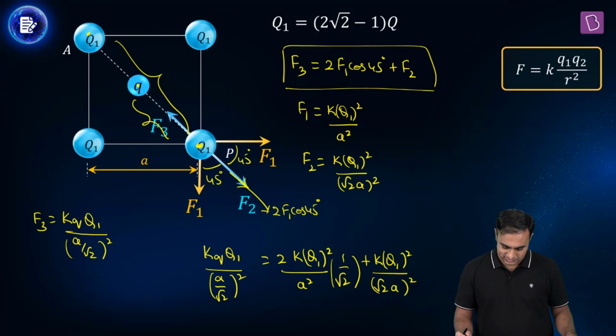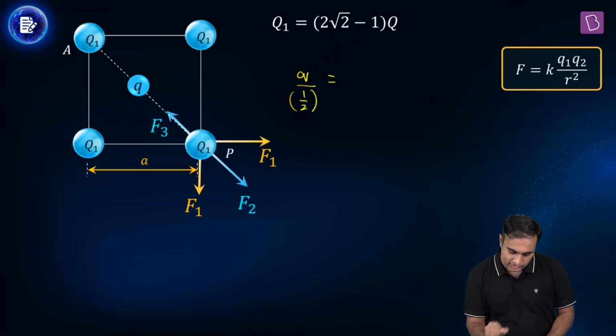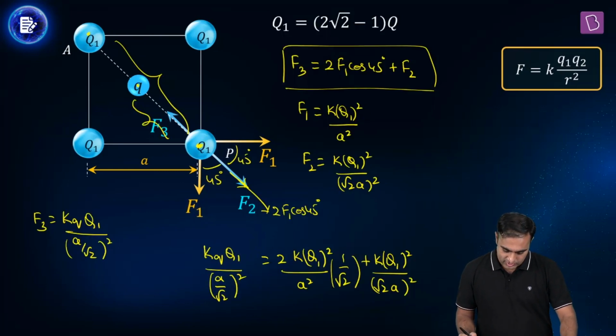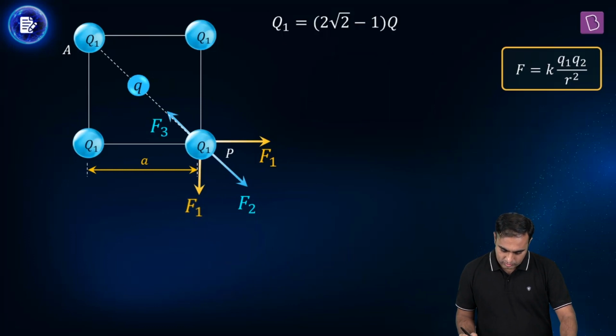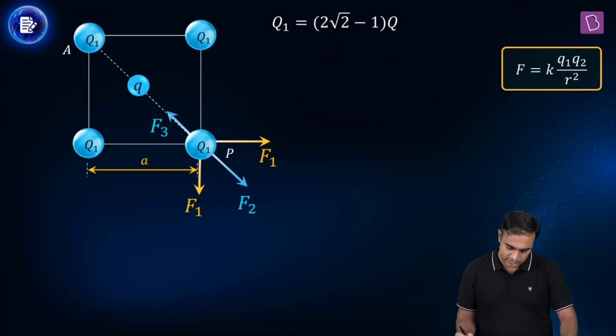Let's simplify this. What do you get? You get Q divided by 1 by 2 equals, this will be root 2 times capital Q1 plus, what was this?